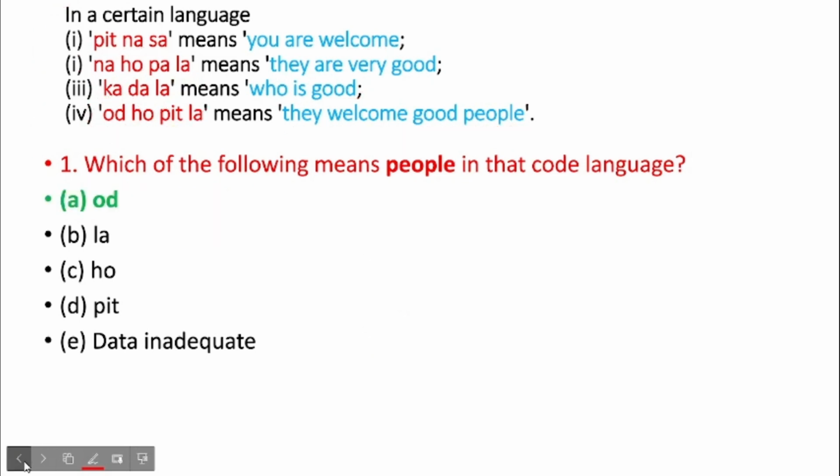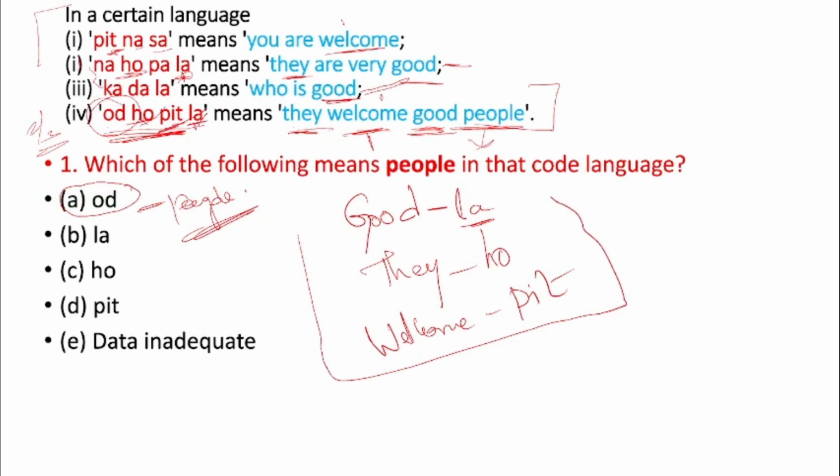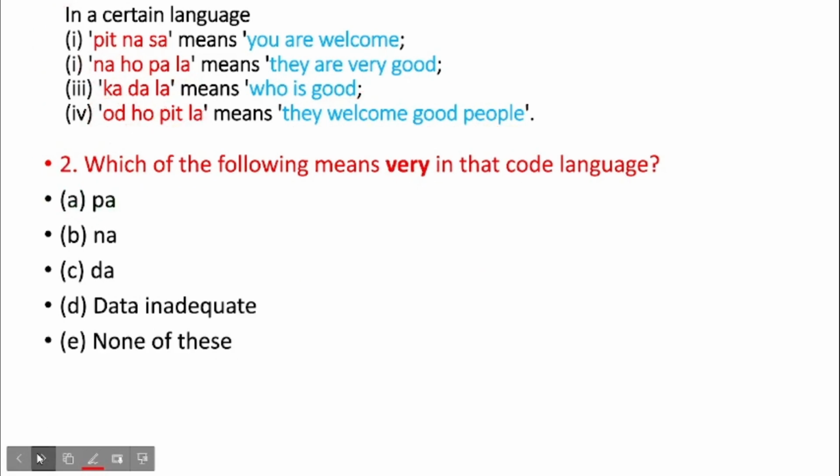Okay. So all this data can be used for solving the second question, which might be helpful. Second question: which of the following means very in that code language? Very is only present in the second statement.